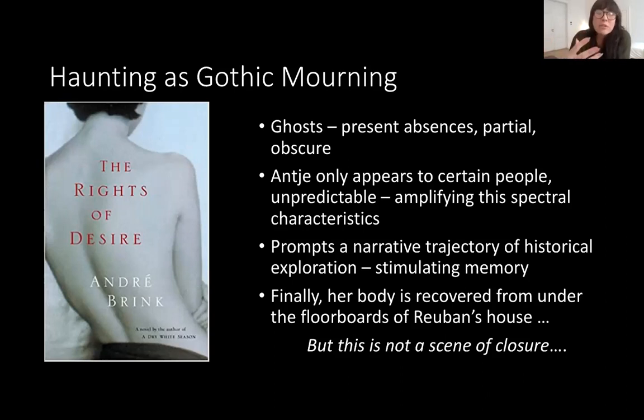This is compounded in Brink's novel because Antjie, the slave girl, only appears to certain people. Her presence is really unpredictable. And so there is this sense that it's not really possible to pin her down in any way. It's not possible to make factual or propositional statements about her because she is spectral in the sense of ghostly and also just difficult to follow.